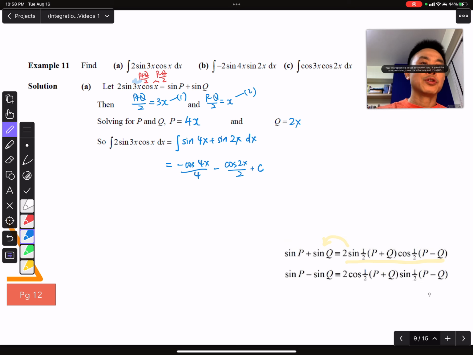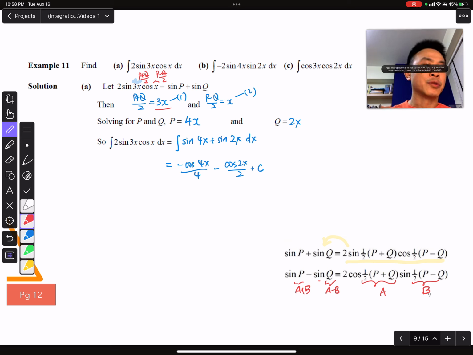So if you just look at MF26, that's how you can deduce your P and Q. But if you remember that this is actually A, this is actually B, then this would be A plus B and A minus B. For instance, you can straight away get P by taking 3x plus x, that's 4x.